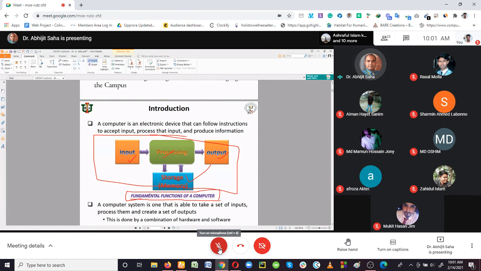Briefly discuss the fundamental functions or fundamental parts of a computer system. If this question comes, then you give the definition of a computer, draw this figure and explain what is an input device, give an example, what is processing, give an example, what is output, give an example, what is storage, give an example. So briefly discuss them. Okay.